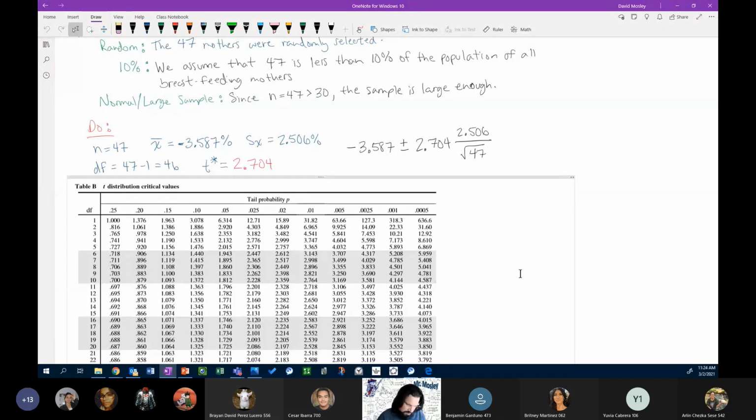And this is using the formula x bar plus or minus t star times s sub x over square root of n.